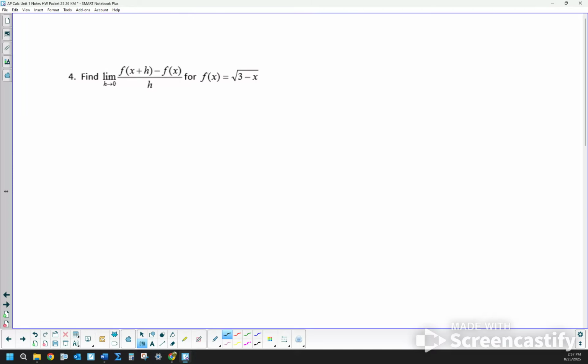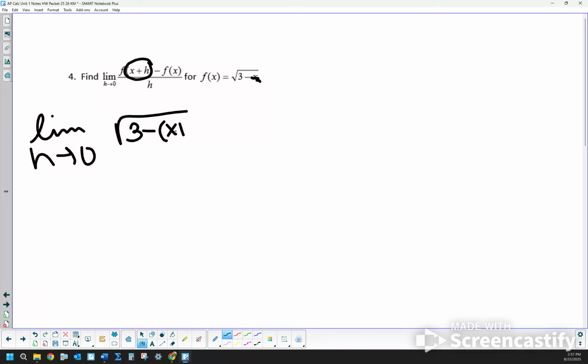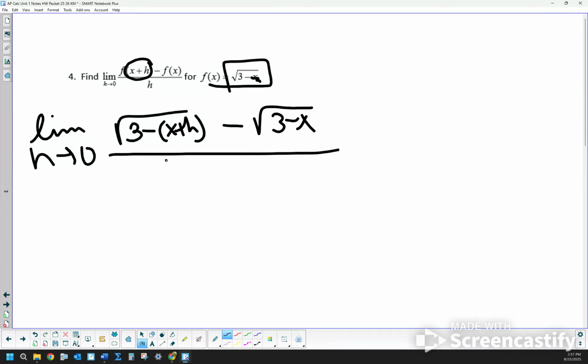And so this is my f of x. So to do f of x plus h, wherever I see an x, I am replacing that with x plus h. And then minus, my f of x is the original function that they gave me, and then all over h.